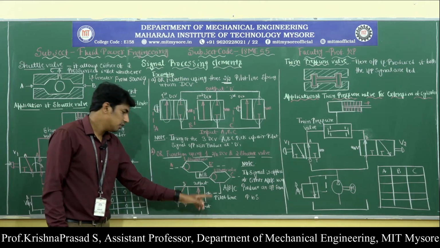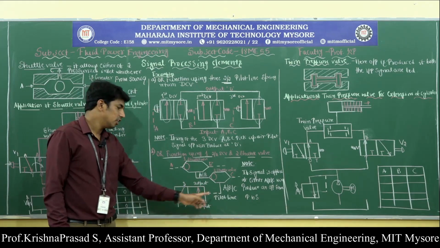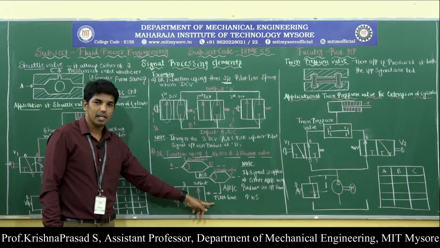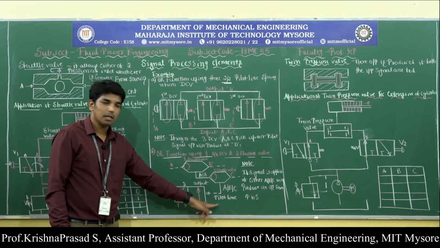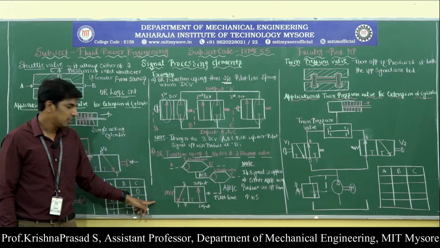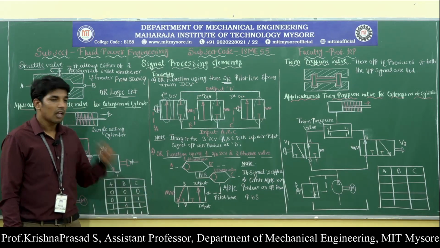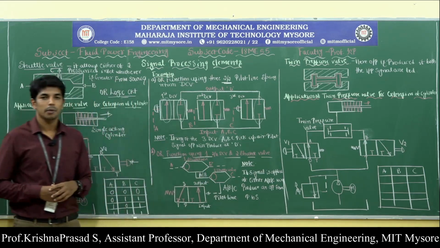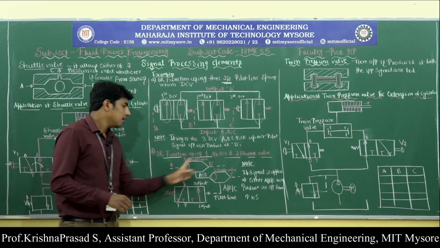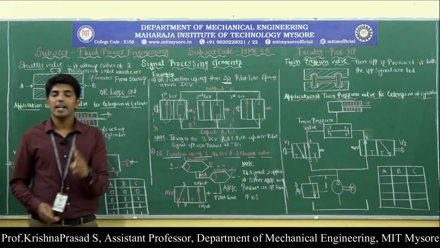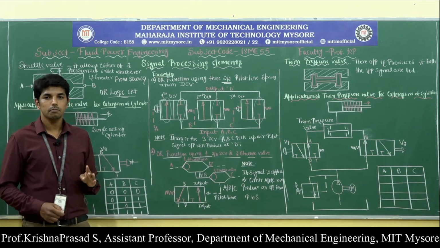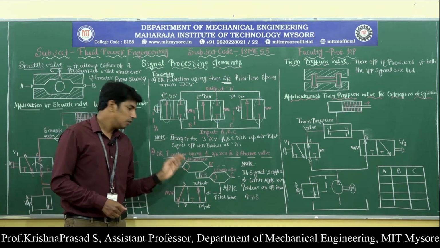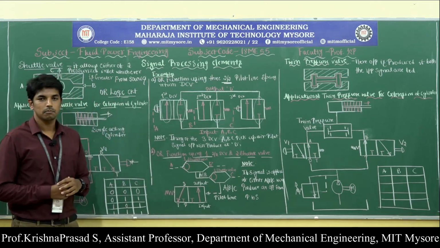This direction control valve is initially operated with the help of the pilot line or pilot air pressure, and it is deactivated with the help of the spring return, and it consists of 2 shuttle valves. Here A, B and C act as the inlet ports.